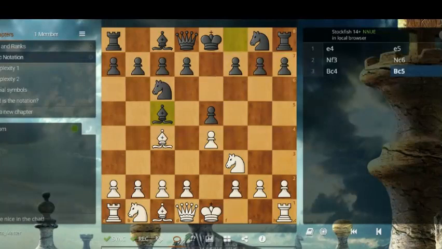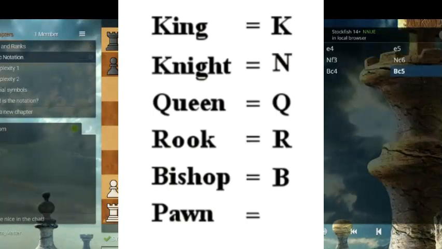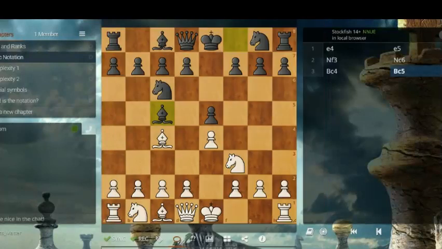So that is why each piece also has a specific symbol, or should I say letter, to distinguish it from the others. I'm going to be showing a table on the screen right now, and I'll give you 5 seconds to look at it. Okay, 5 seconds over.